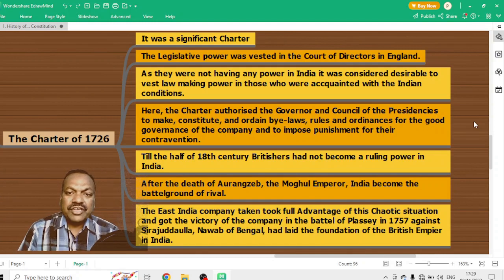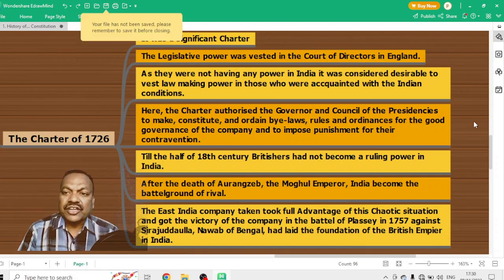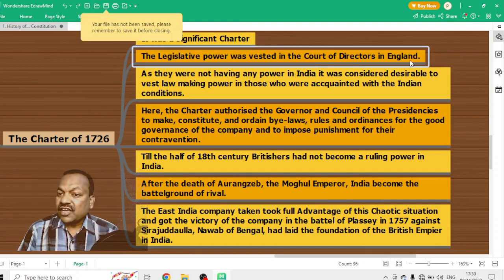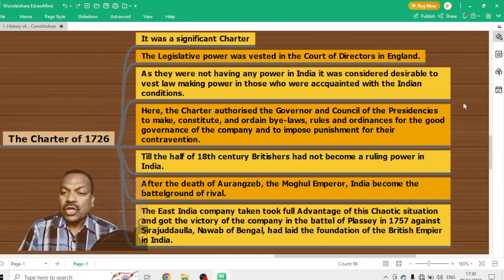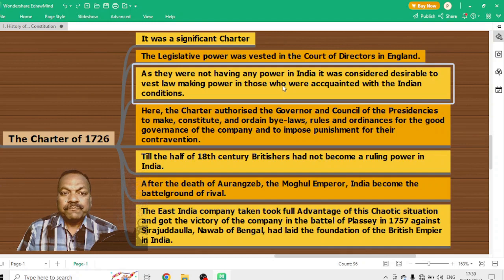Since they had no power in India, it was considered desirable to vest lawmaking power in those who were acquainted with Indian conditions. The Court of Directors in England did not know the situation in India, and that is why the power was vested in those acquainted with Indian conditions.